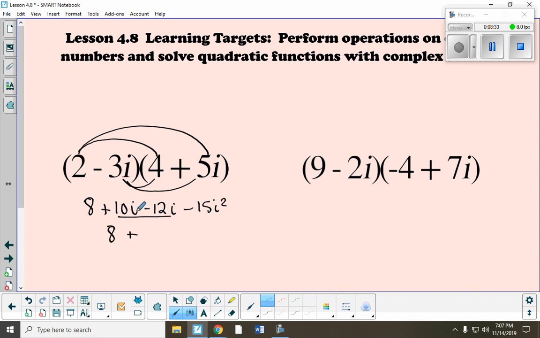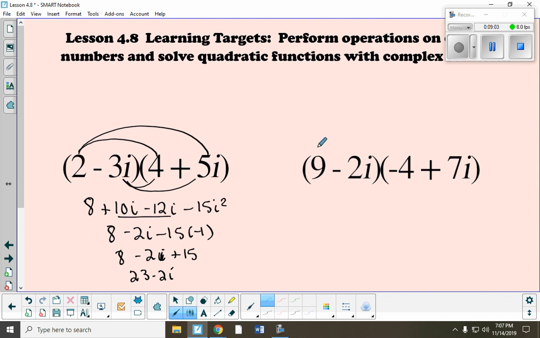So 10 minus 12, that'd be a negative 2i, and then you have minus 15, and i squared is a negative 1. So we need to just write that as a positive 15 then. So now we'll combine our real numbers. 8 plus 15 is 23 minus 2i.